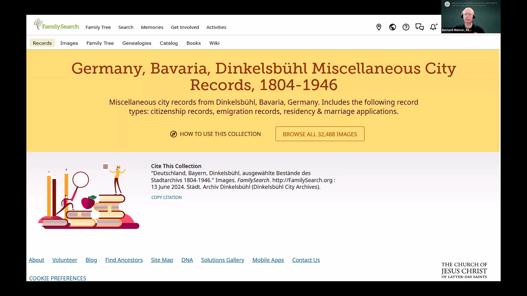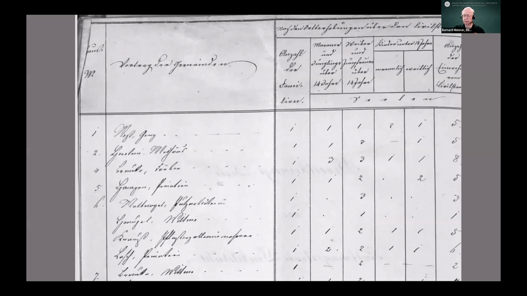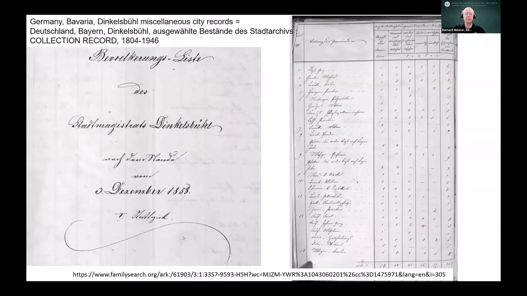And lo and behold, if you go in there and look, you can find on the various microfilms one that shows the Bevölkerungsliste, the list of the people in Dinkelshausen. Here is the record, and it has the head of household and then the tick marks, as we have for our early census records.